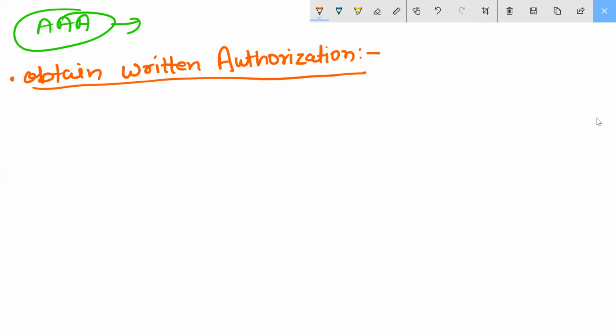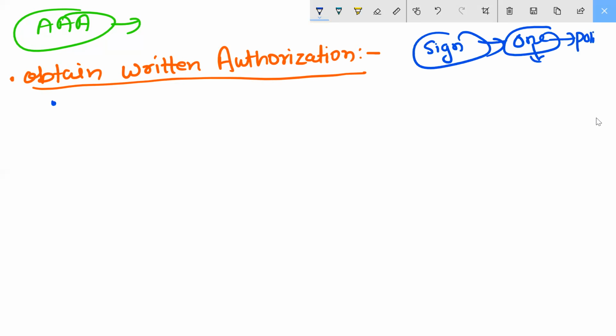See here, write some points inside there. When you are studying these courses, you should sign one certificate. That certificate stays with me and one certificate goes to the nearest police station. You should not use any kind of fraud activity or criminal activity or crime acts.